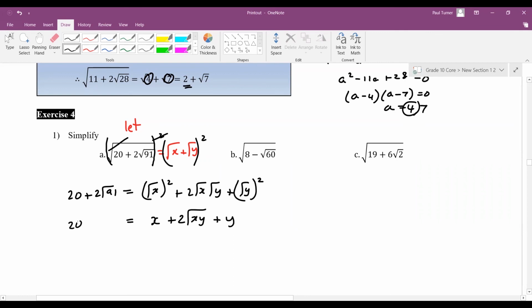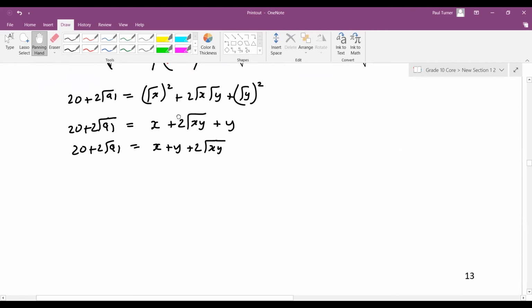So let's write it all again, and then I will combine the x and y in the front, like that. And then I compare these two sides. So take a look at that.